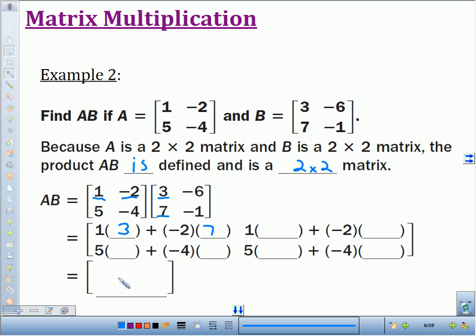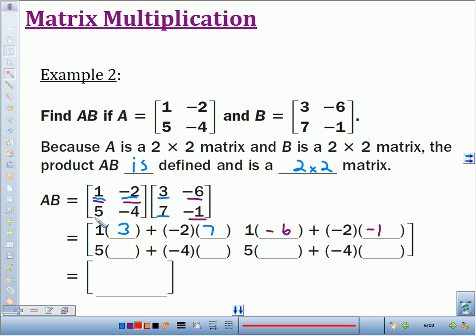Then we're going to multiply the first element in the first row by the first element in the second column, and we get 1 times negative 6. Multiply the second element in the first row by the second element in the second column, negative 2 times negative 1.